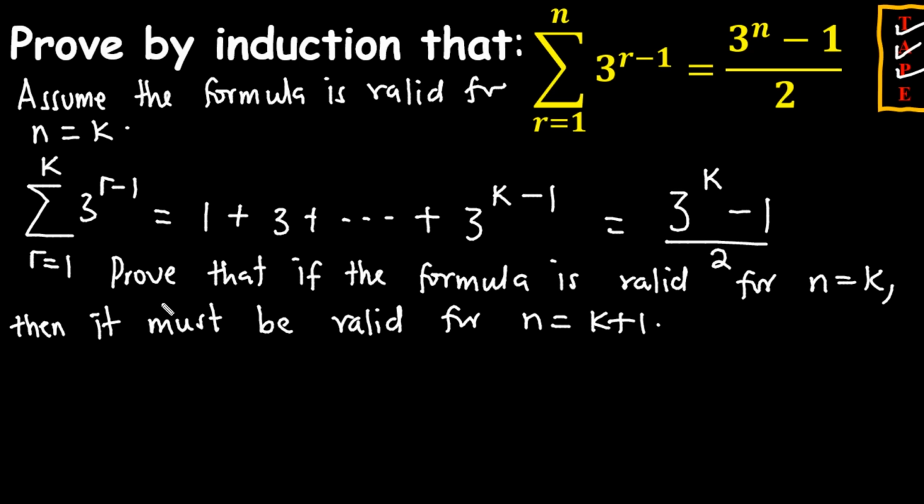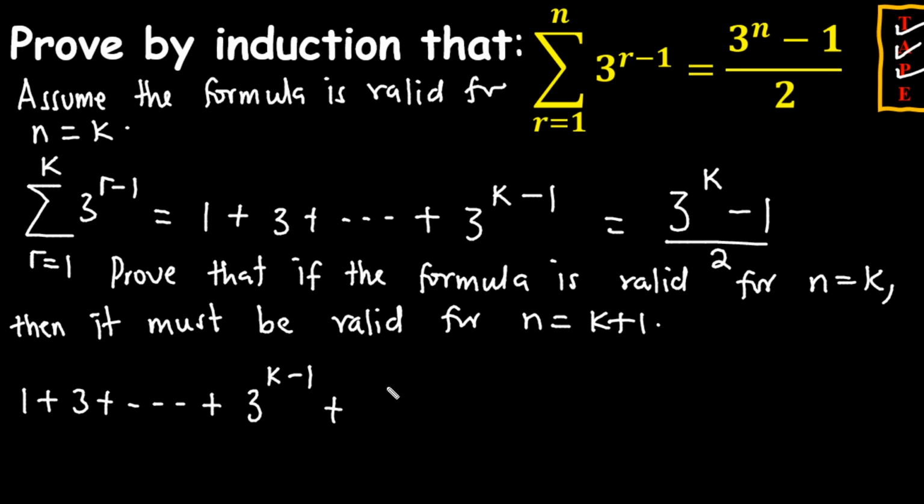Therefore, we are going to have 1, then plus 3 plus dot dot dot, then plus. Now for n is equal to k plus 1, this ceases to be the last term. So we are going to say this is 3 to the power k minus 1, then plus. Now the last term is going to be, we get k plus 1, we substitute where there is r.